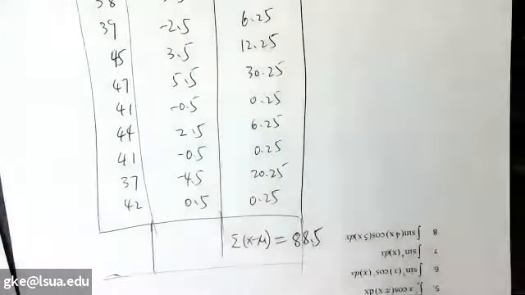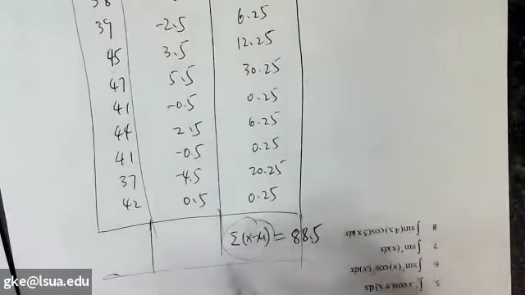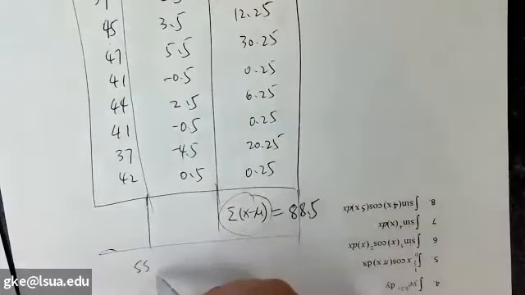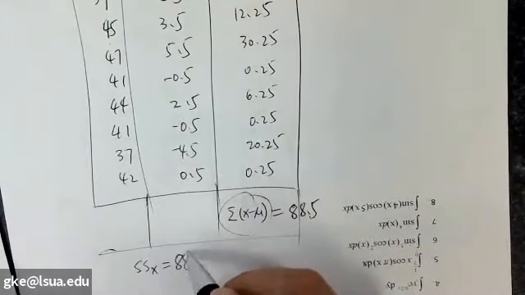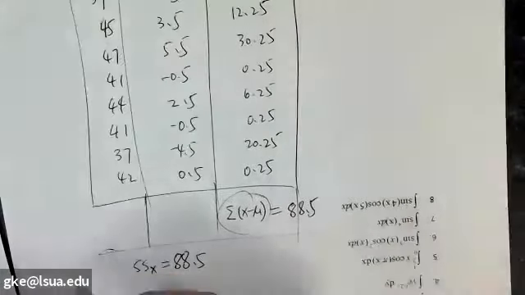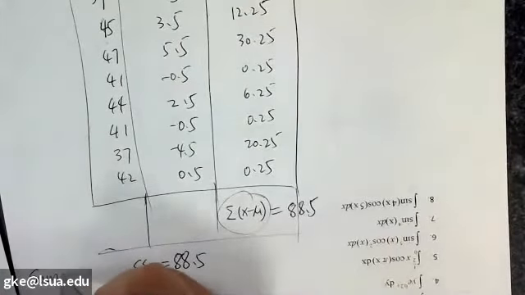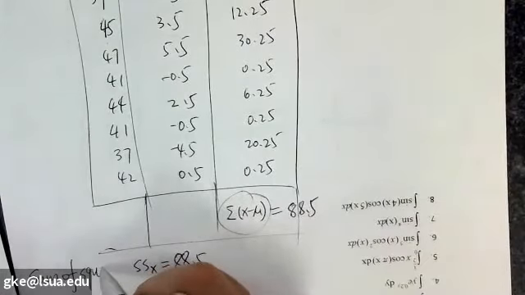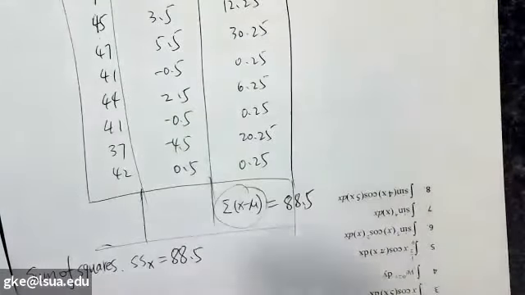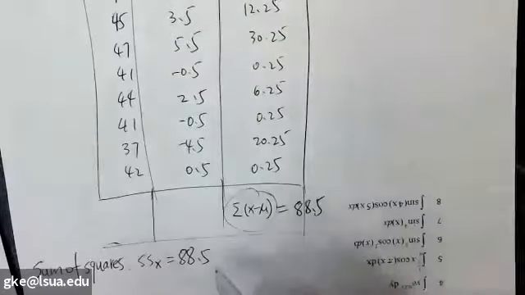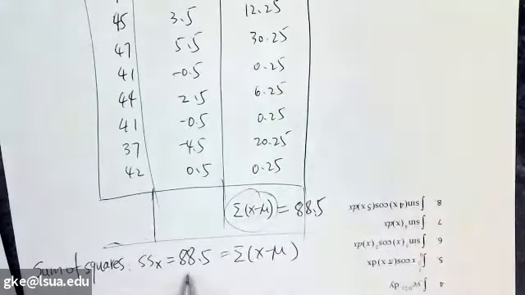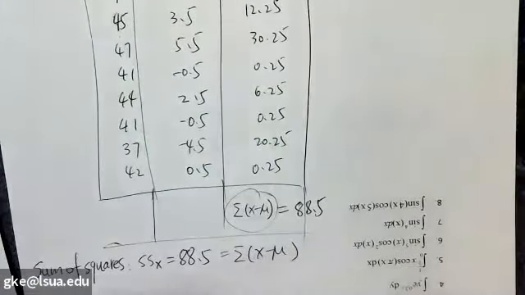And we also called this guy SSX equals 88.5, and the SSX we called sum of squares. Okay, so that's the definition. Sum of the squares is defined as summation of this guy. So for this case, it's 88.5.